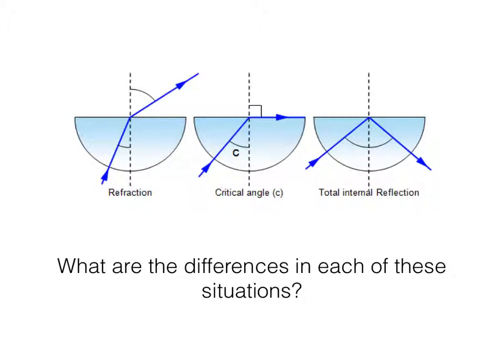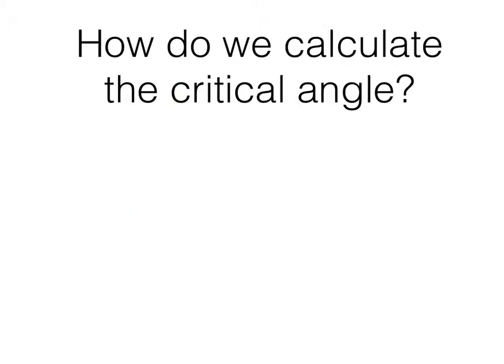But I suppose the main question here is actually, how would we even know what the critical angle is? Thankfully, we're able to calculate the critical angle by using quite a simple equation.